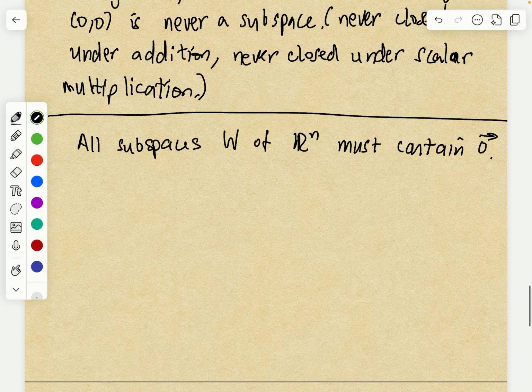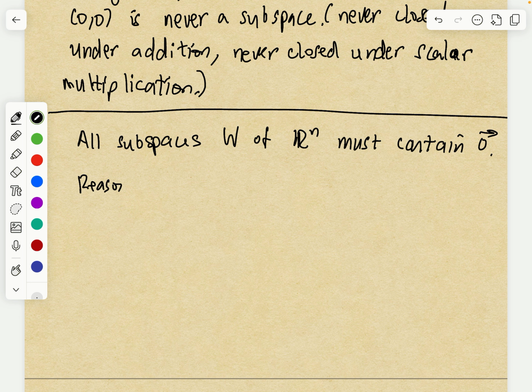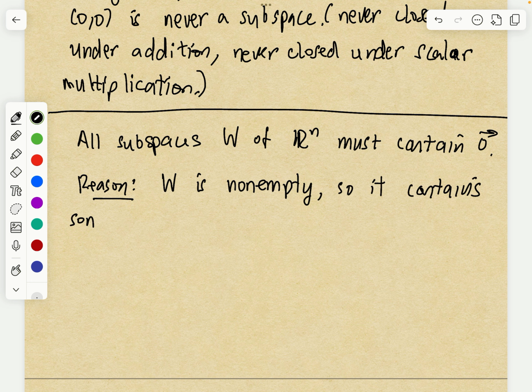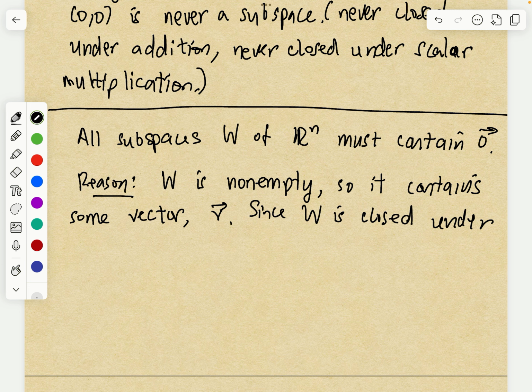The reason is because we know that W is non-empty, so it contains some vector. Let's call that vector V. Since W is closed under scalar multiplication, any scalar multiple of V must be in W. What if you take your scalar to be 0?